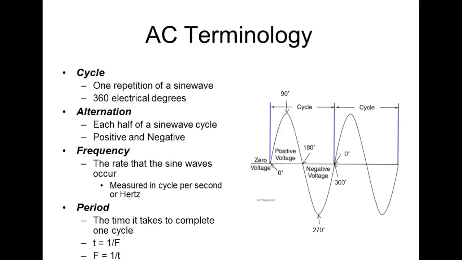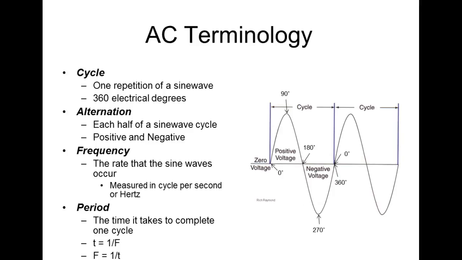It's also called 360 electrical degrees, because sine waves were originally generated on a circle. One revolution past two poles would generate the sine wave, and so it became known as electrical degrees. This will become very important when we talk about phase shifts.